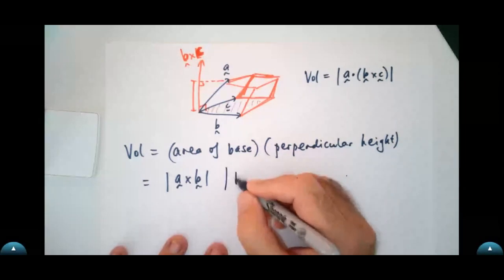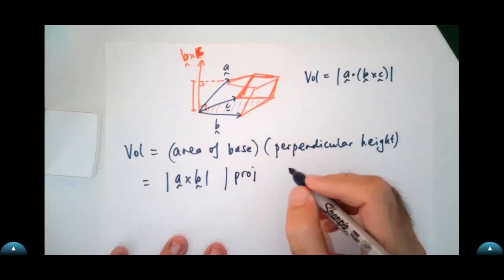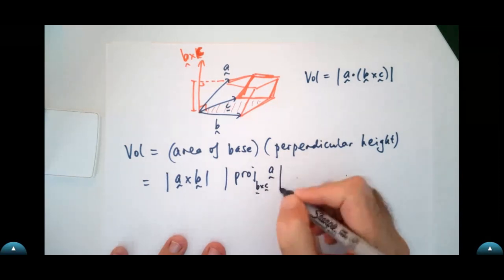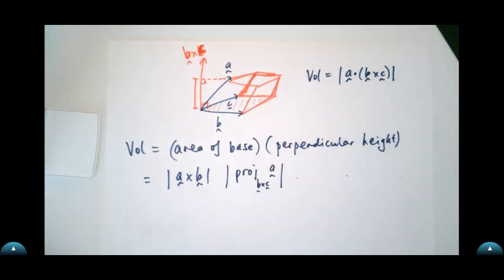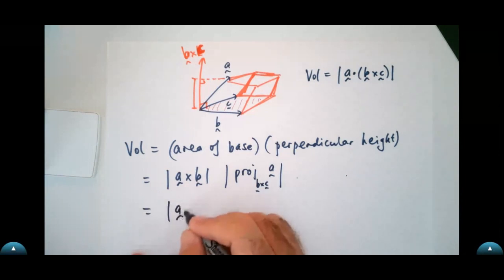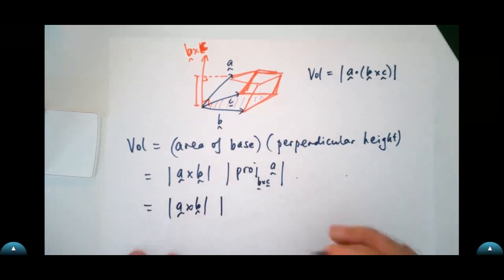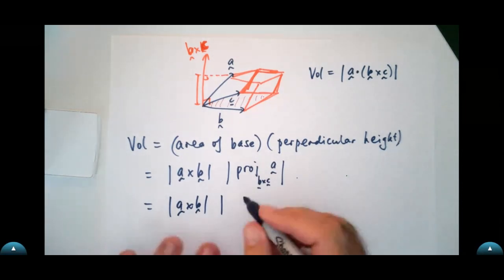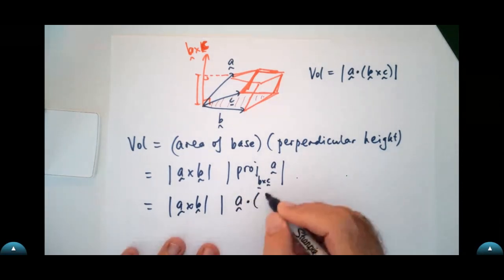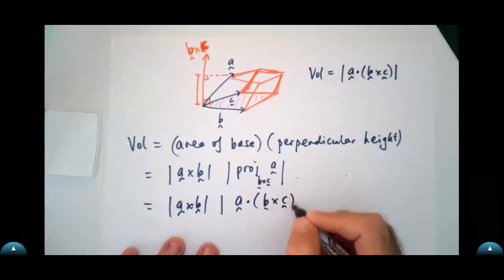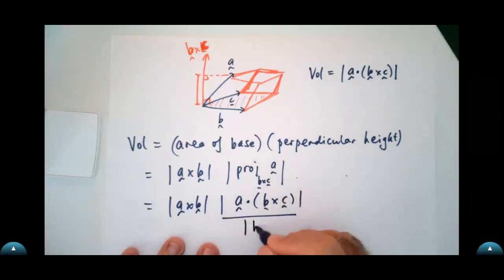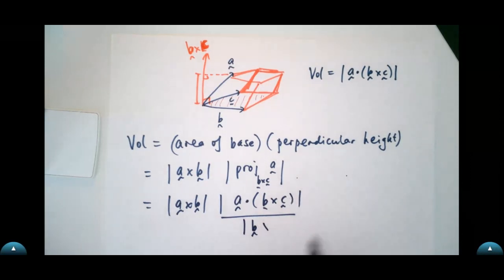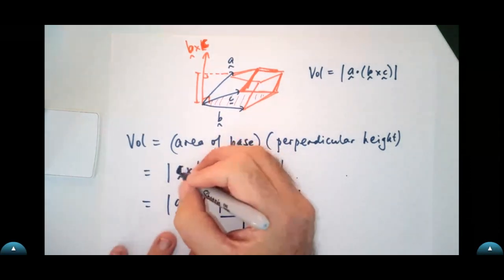So how do you work it out? Well, the projection of A on this is just the dot product of that divided by, oh, that should be B cross C, sorry.